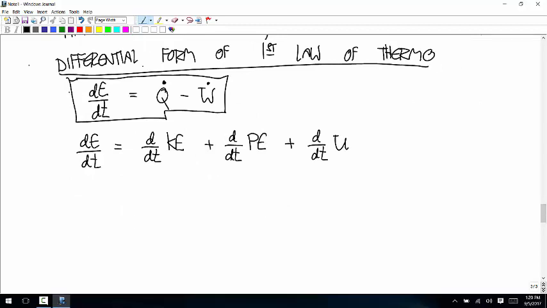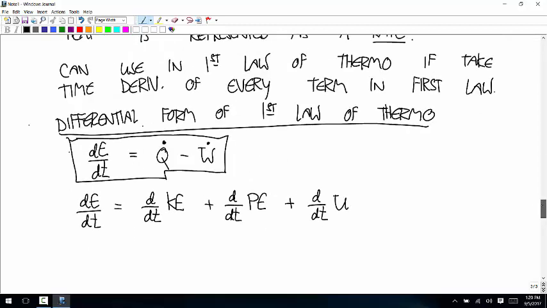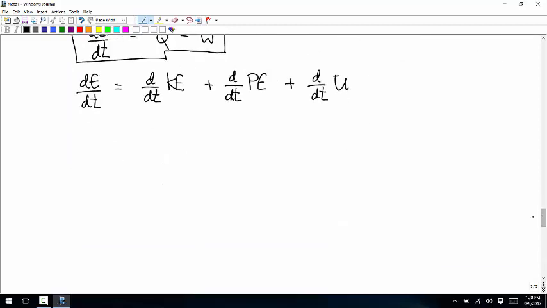So this differential form of the first law of thermodynamics is something that you can use instant to instant. It has to hold at a single instant. Notice that our other way of representing the first law of thermodynamics was all extensive properties, and so that you use over some interval of time.